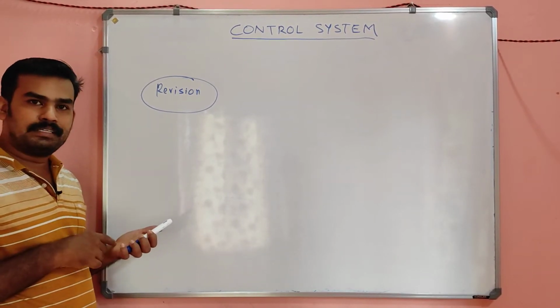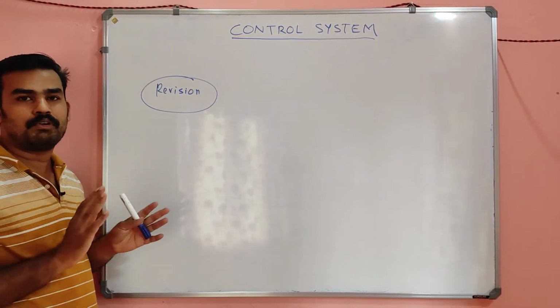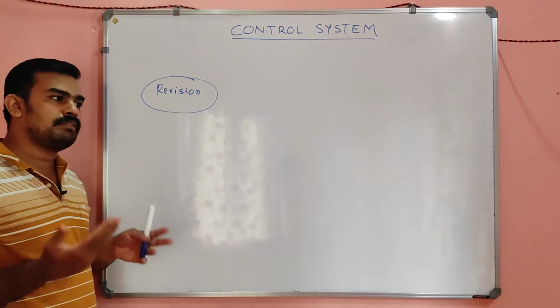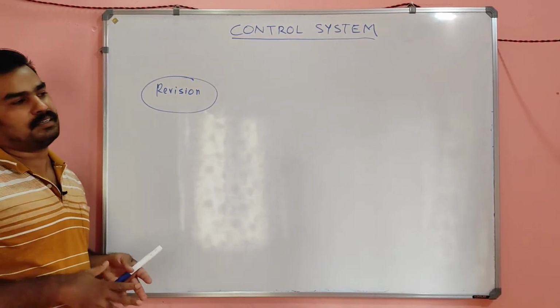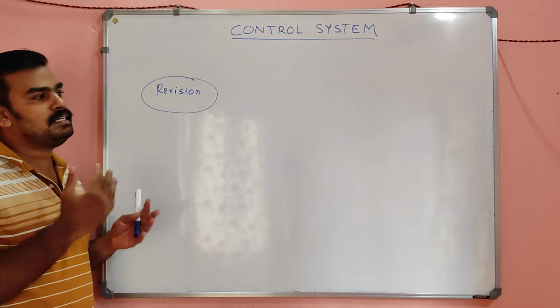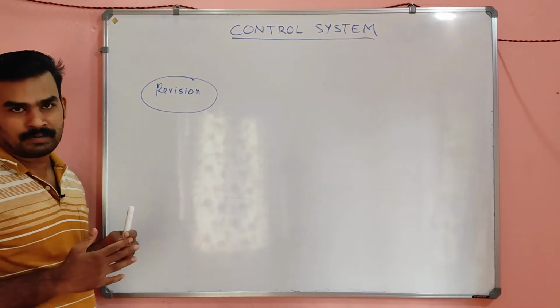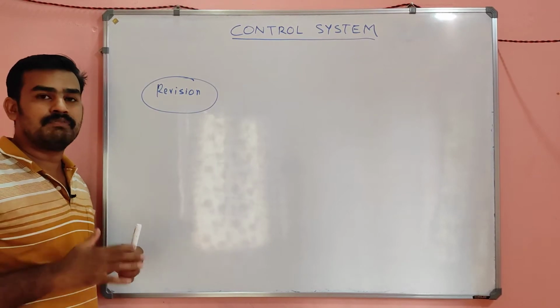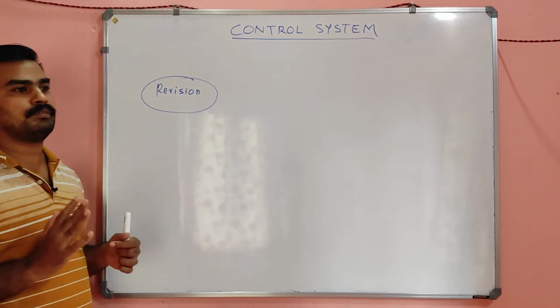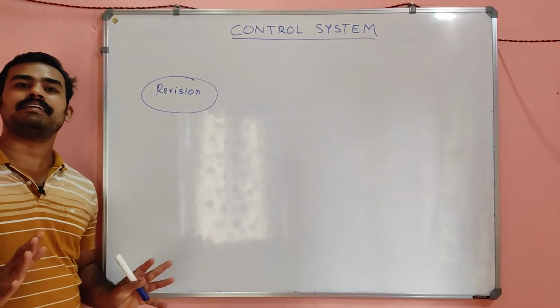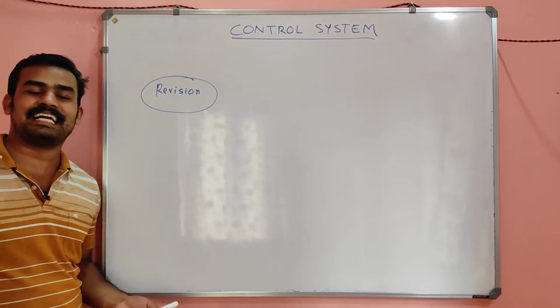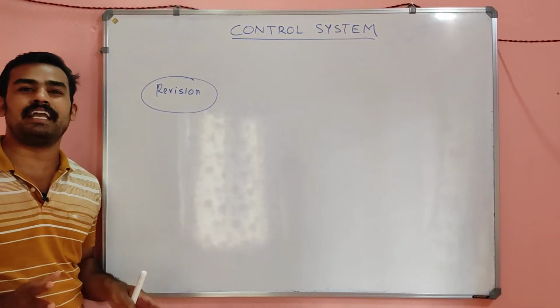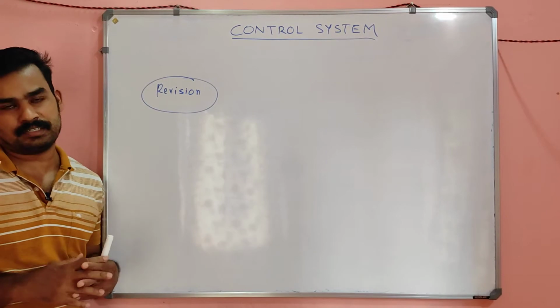Suppose you look at it one time, it won't be in your mind. Even 2 or 3 times it won't be in your mind, but 4, 5, 6 times, until you become a master, you have to continuously revise. That is the only way to attain success.